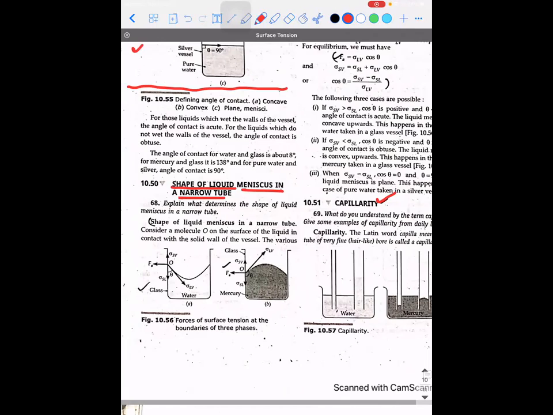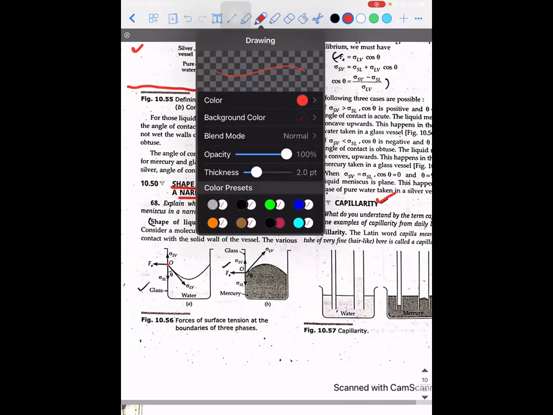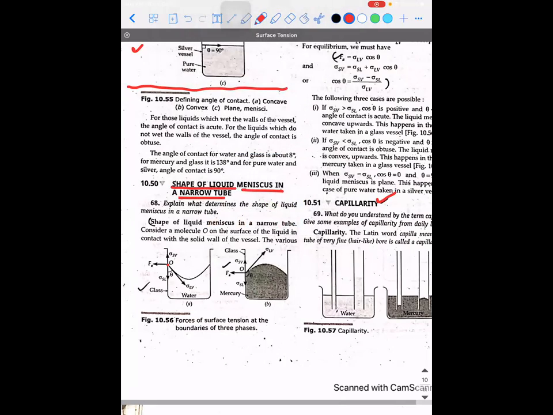If you consider a molecule O on the surface of the liquid, which is also in contact with the solid wall of the vessel, then there are various forces acting on this molecule O. Are you able to see the arrow marks? There are 4 forces acting on that particle O.